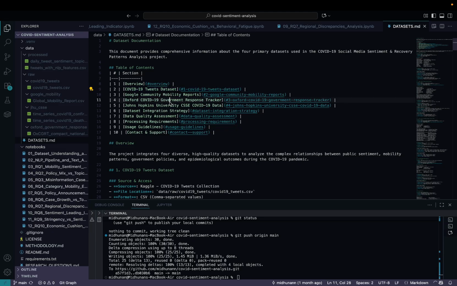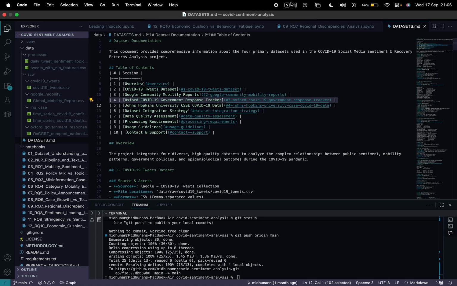Then we have the Oxford COVID-19 government response tracker, with 400,000 policy records, which is the gold standard for policy tracking, and also contains information about stringency and economic support indices. Then we also have the JHU CSSE COVID-19 dataset, which has around 750,000 records and contains authoritative epidemiological data, including daily confirmed cases and deaths globally.